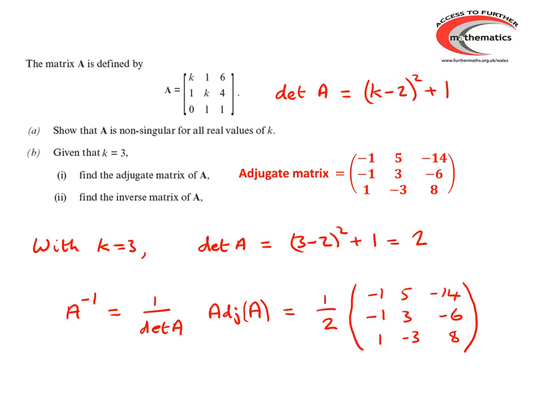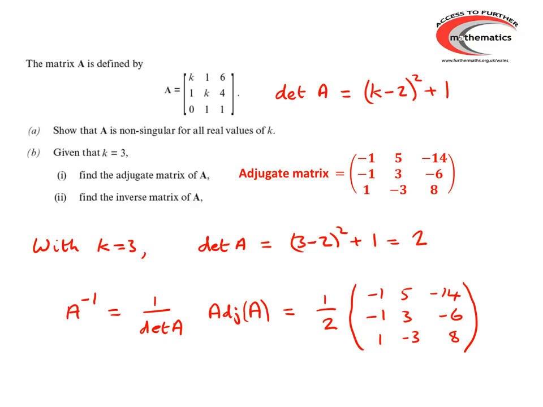Finally, let's just review the mark scheme for this question. For part A, there are 2 marks for obtaining a correct expression for the determinant of the matrix, and then 2 more marks for explaining why the determinant was therefore non-singular.